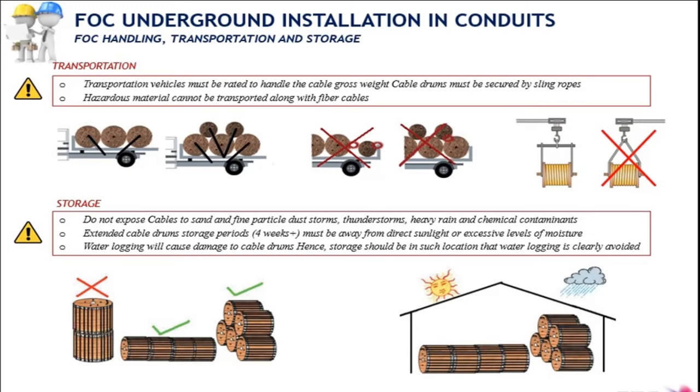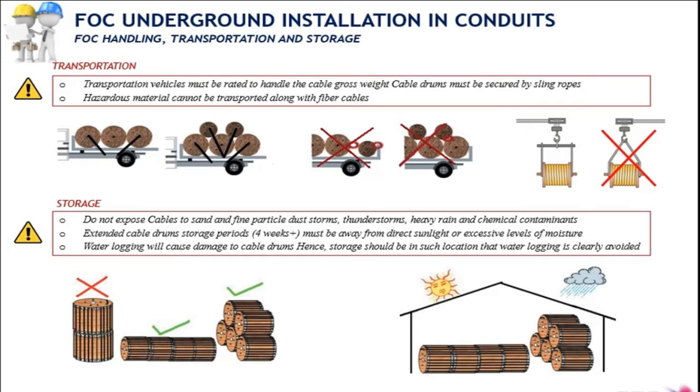On the storage side, we also have to follow some specific rules to avoid long-term cable and drum damage. Basically, the rule of thumb is that all cable drums must be sheltered and protected against sun radiation, and moist or rain. So the way to protect them is to shelter them.